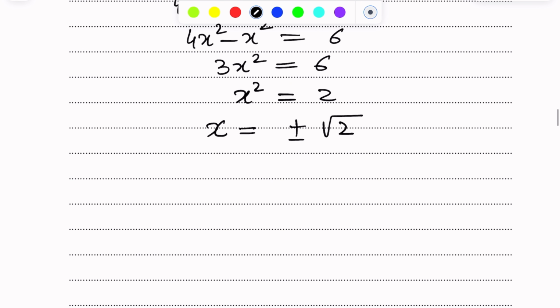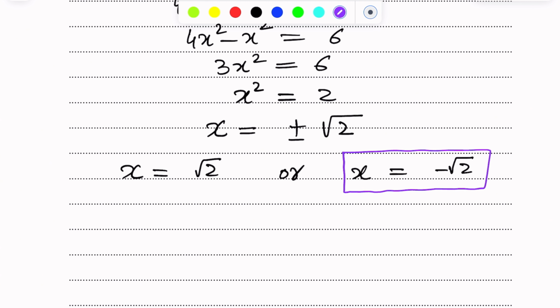So we have two values of x. x = √2 or x = −√2. So this value is not valid. This value is negative.